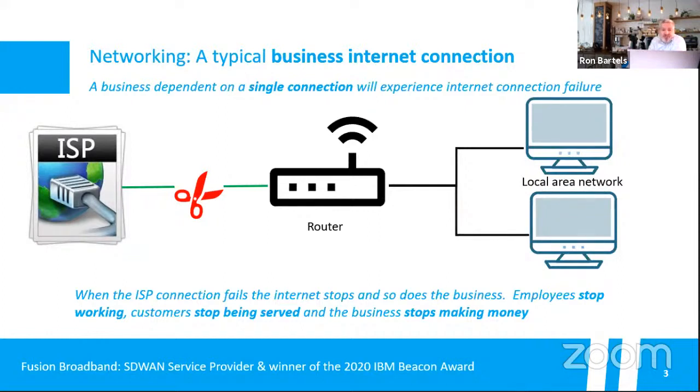The fundamental issue is that if you're a typical internet-connected business, when your ISP fails or you lose your connection to the ISP, you stop working. When you stop working, your employees also stop working, your customers stop being served, and your business stops making money.